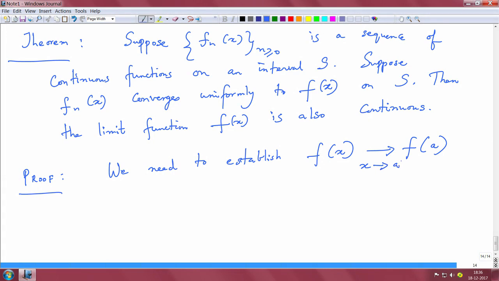So, when x heads to a, I want to establish that f of x goes to f of a for every x and a belonging to this interval. Okay.